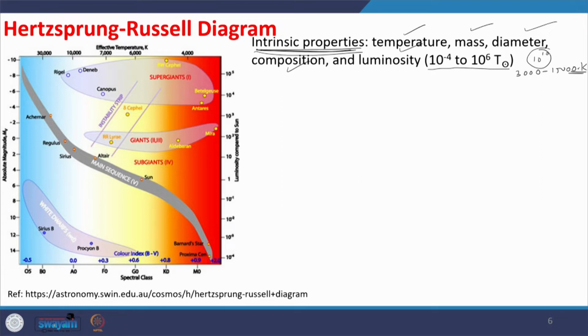So, Hertzsprung and Russell, what they did independently, experimentally, whatever luminosity was measured, they tried to plot with respect to the temperature or color of the star. So, what is this color? I will give you more details in coming slides. So, you take a star, measure its luminosity, that means energy emitted per unit time, and what is its temperature?